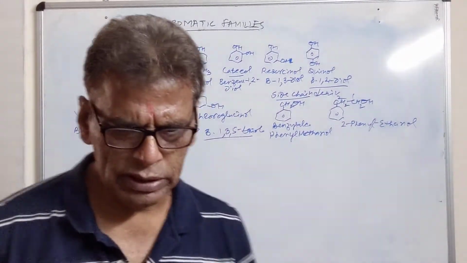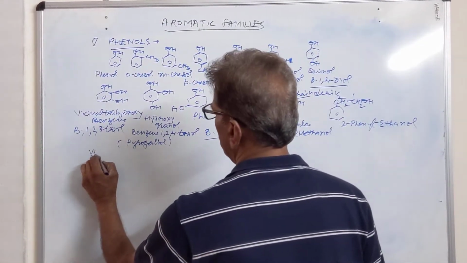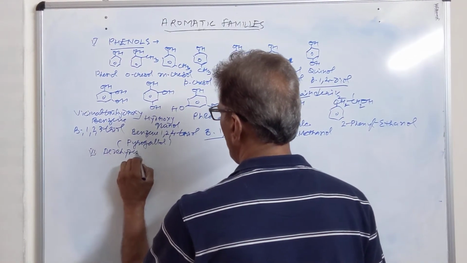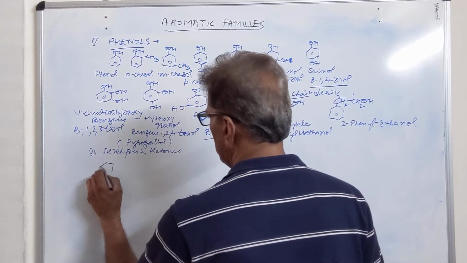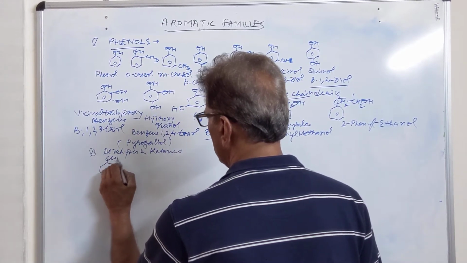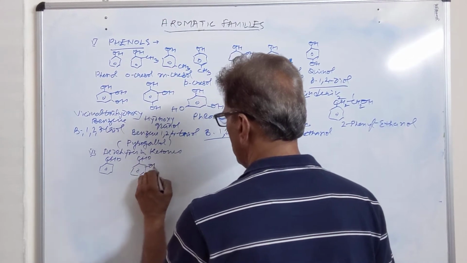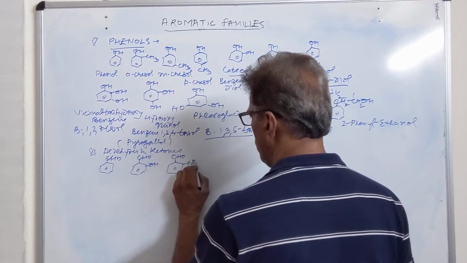Then we have the next families, aromatic aldehydes and ketones. Aldehyde, benzene ring having CHO, benzene ring having CHO and OH group, benzene ring having CHO and NH2 group.